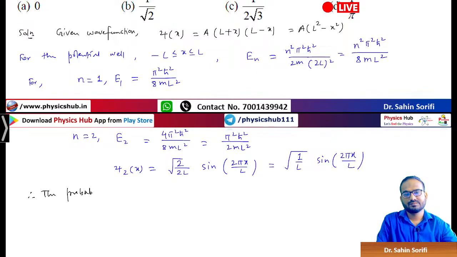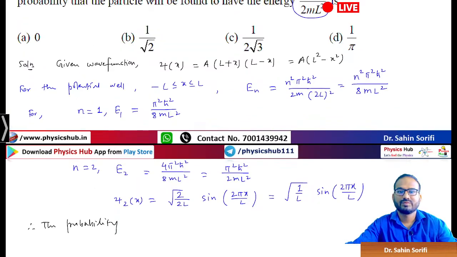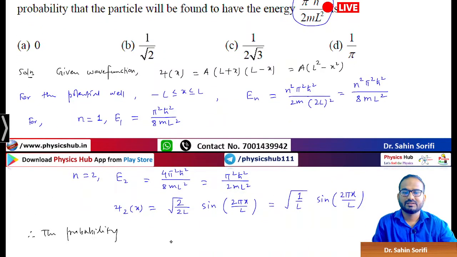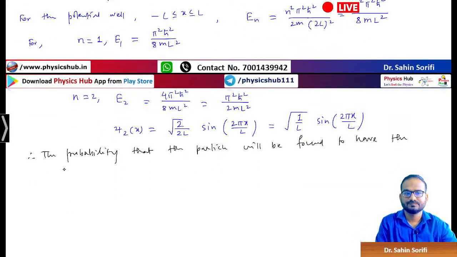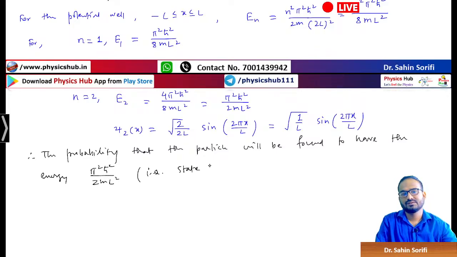The probability that the particle will be found to have the energy pi square h cut square by twice m L square, that is, we can say state psi 2, that is in state psi 2.